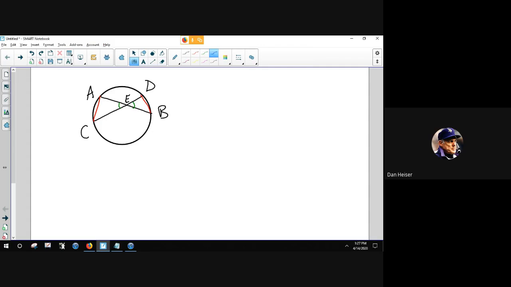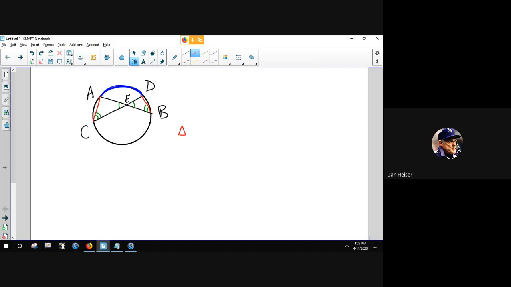We also know that angle C, being an inscribed angle, is 1/2 of this arc. Angle C is 1/2 of arc AD. Angle B is also inscribed. It's also 1/2 of arc AD, which means those two angles are the same. Now we have two similar triangles.